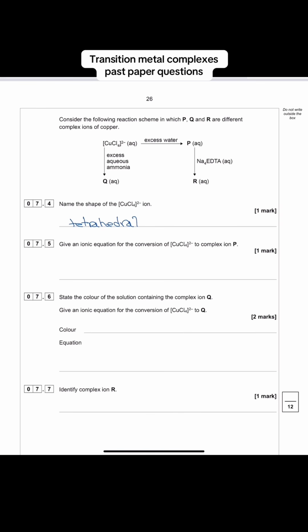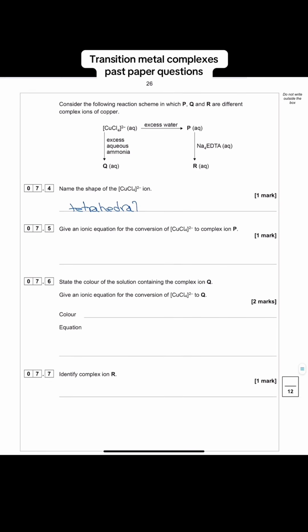Remember that chloride is quite big. This is why there are only a maximum of 4 chloride ions that can surround the central metal. So it's always going to be tetrahedral. Give an ionic equation for the conversion of the copper chloride to the complex ion P. So complex ion P, when we add excess water, it's going to be a displacement reaction. And this is going to give us the aqueous copper ion.